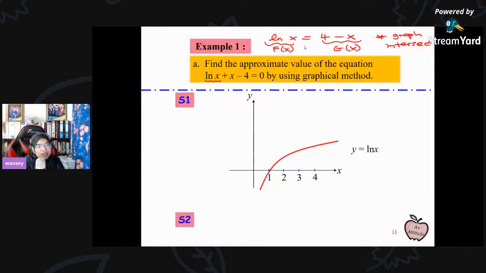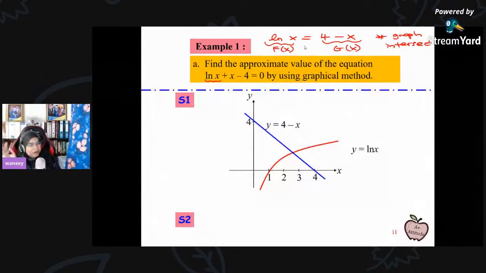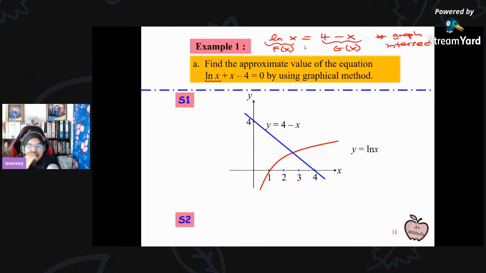And 4 minus x is actually a linear graph, y equal to 4 minus x. If you sketch them very carefully, you should be able to approximate your value of x. Based on this graph, where does the graph intersect?